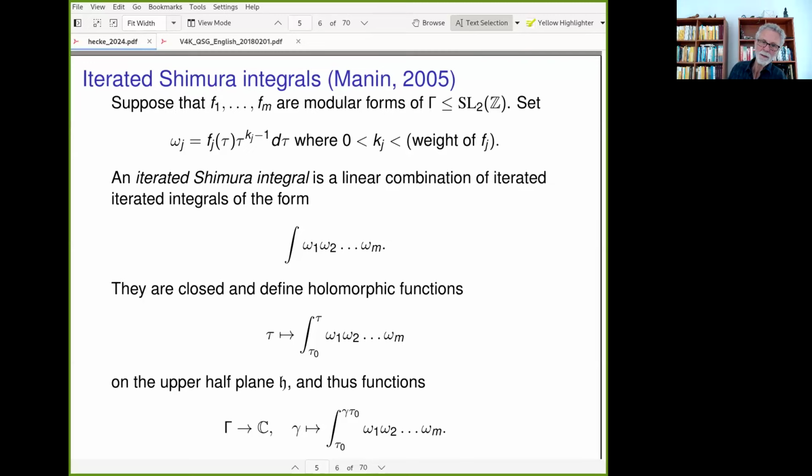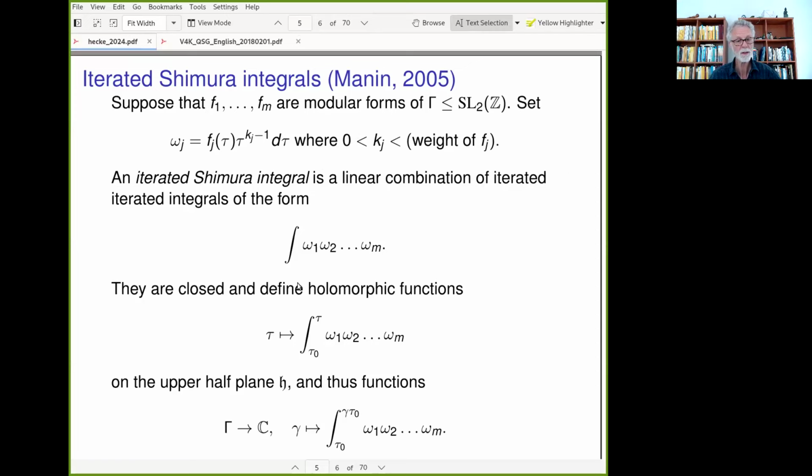Such one forms occur quite a lot in number theory. Here I should say tau is the coordinate in the upper half plane. An iterated Shimura integral is a linear combination of iterated integrals of this form. So you're integrating one forms that are basically a modular form of gamma times some power of tau that's strictly less than the weight of the modular form.